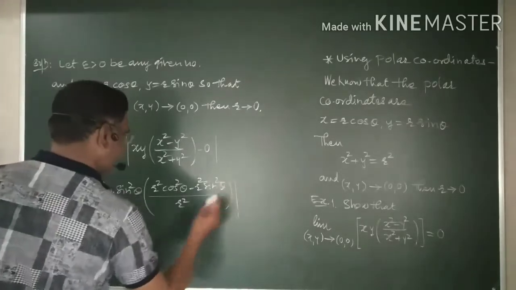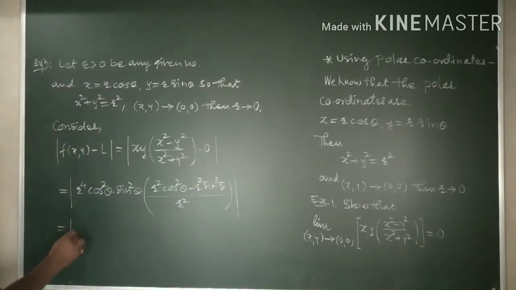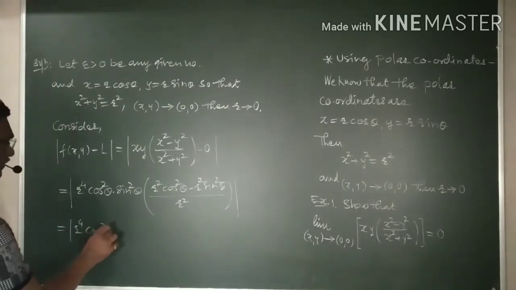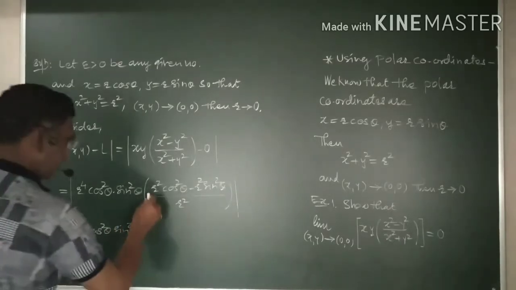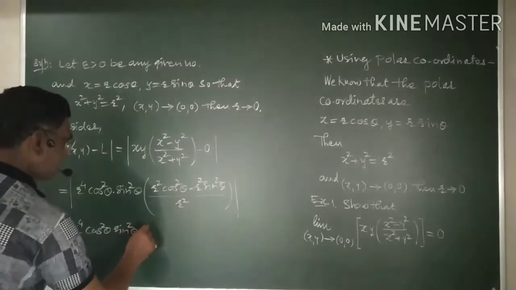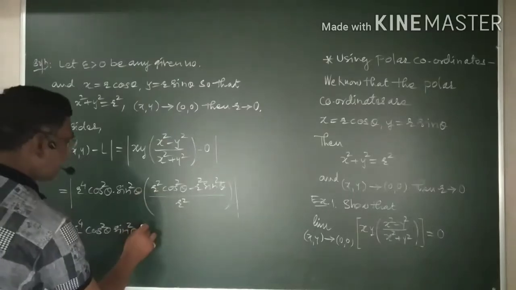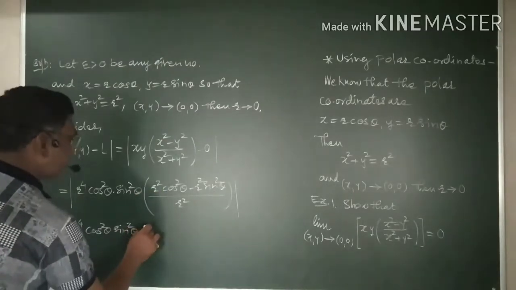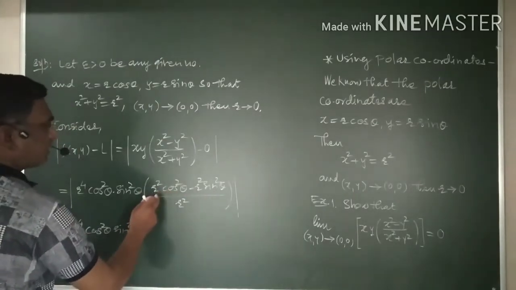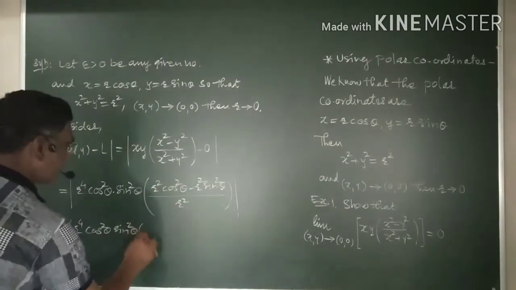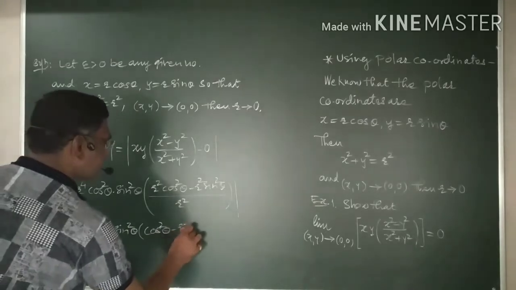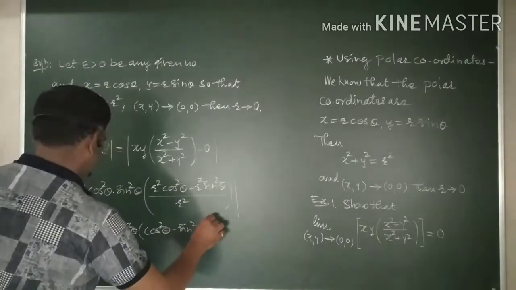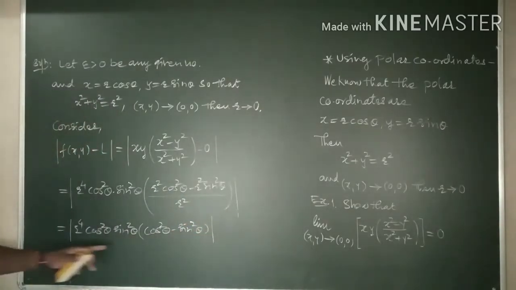Further equal to r raised to 4 cos square theta sin square theta, and taking r square common, r square cancels, so that we get cos square theta minus sin square theta.